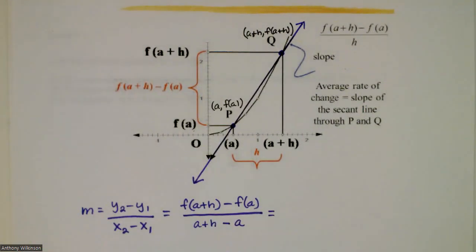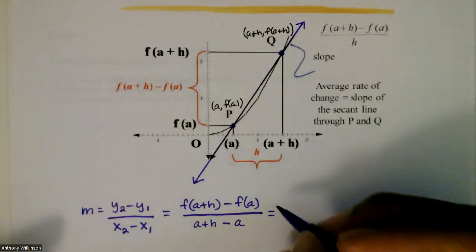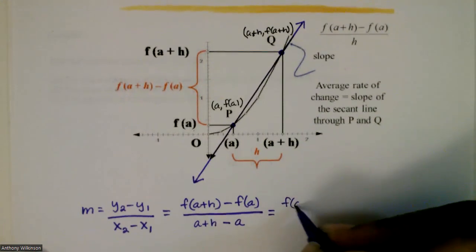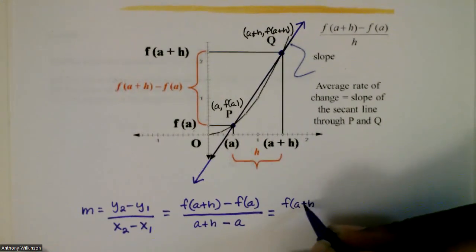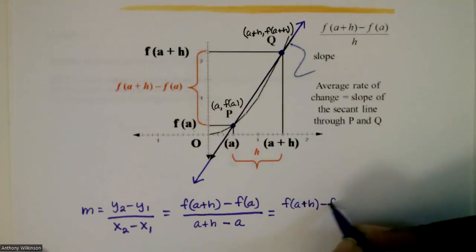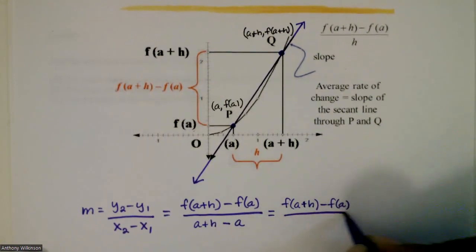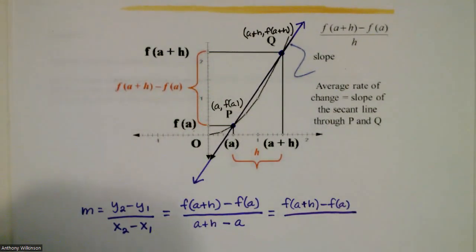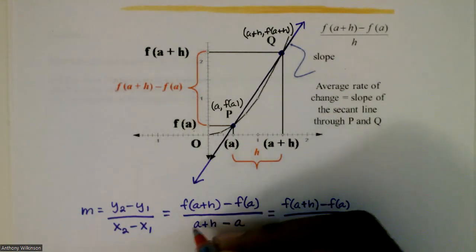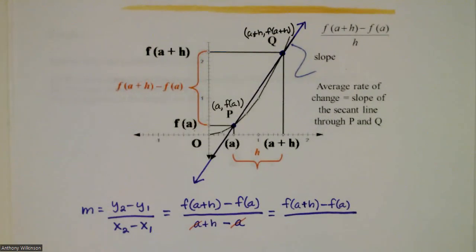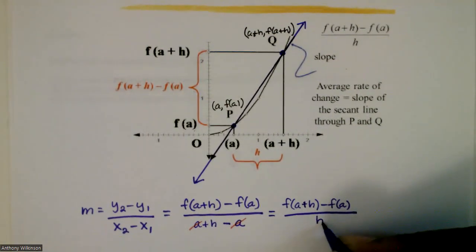Now, the numerator is already simplified as f of a plus h minus f of a, divided by a plus h minus a. The a minus a is gone. That adds to 0. So in this case here, you're left with h in the denominator.